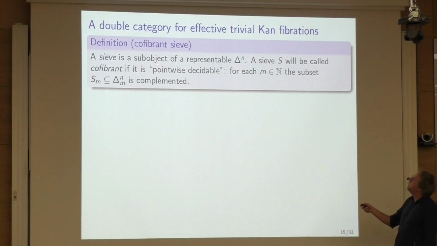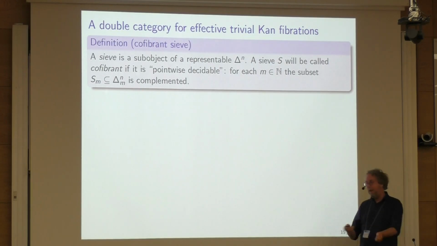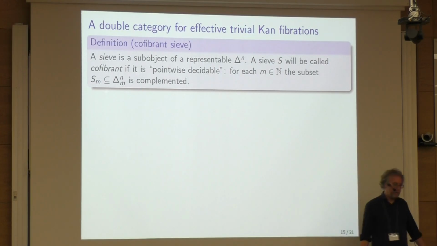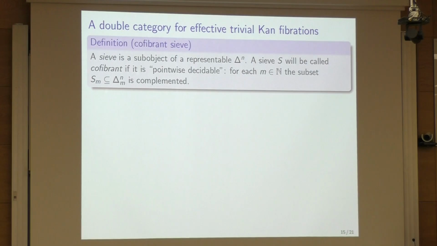I don't really want to use all subobjects, but I want to use subobjects which are pointwise decidable. Basically, you could say that I want to look at those sieves, subobjects of delta n, such that if I look at the m-simplices, then this is a complemented subset of this thing here. So basically, I can see whether or not a certain map belongs to the sieve or not.